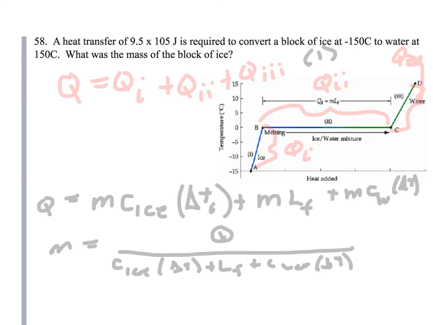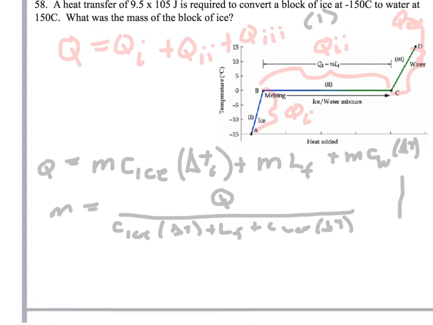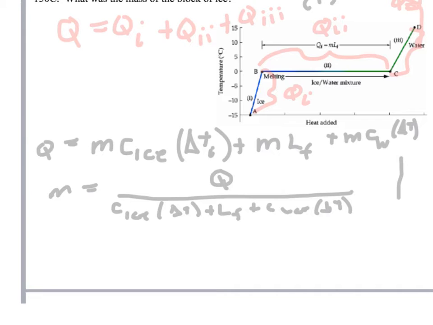So our total Q, we're given that, and that's 9.5 times 10 to the 5th joules.